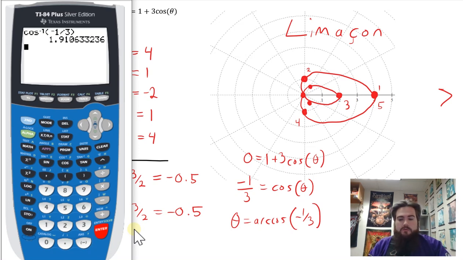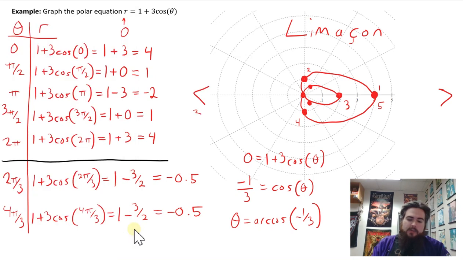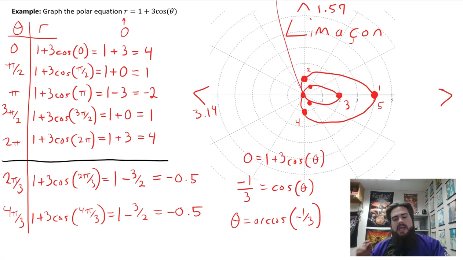Well, that is less than 3.14 radians, and it's more than 1.57 radians. So that means it's between pi halves and pi. Somewhere in there is around 1.9 radians, which would be about here-ish. At around that angle measure, I achieve a radius of 0.